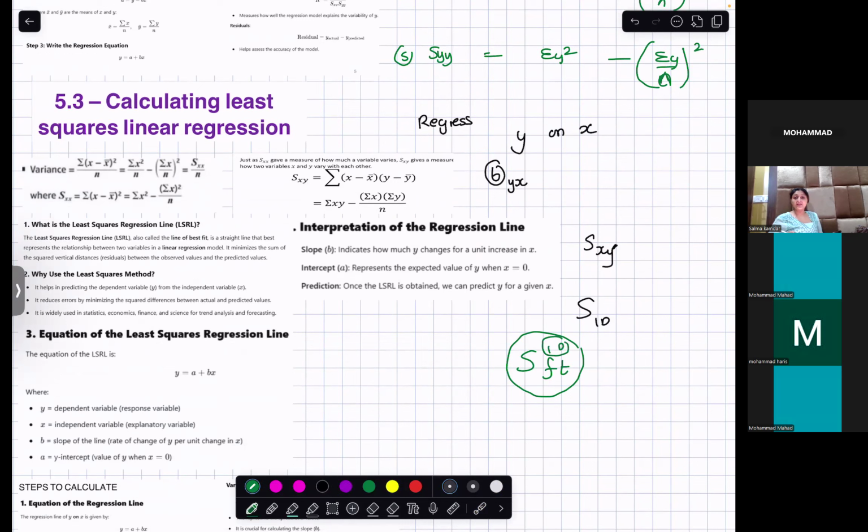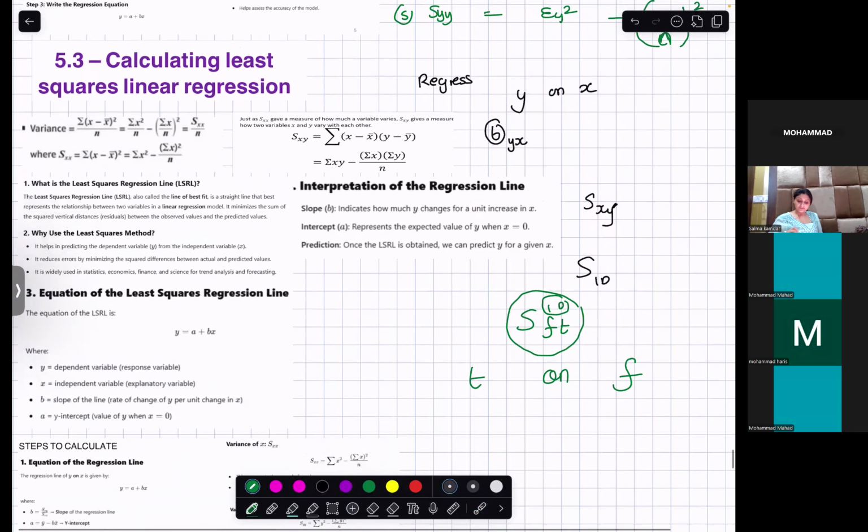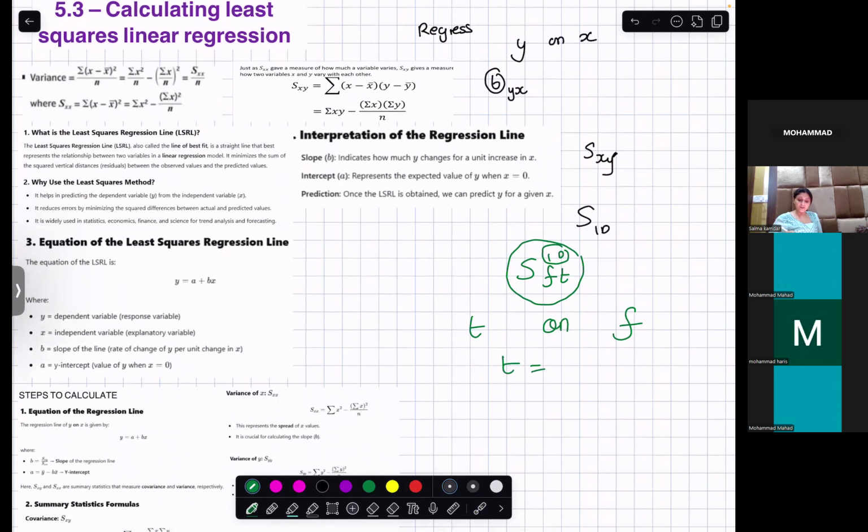Okay, so the regression equation line would be what on what? It would be T on F. That means T is equal to A plus BF. So how would you find your B?